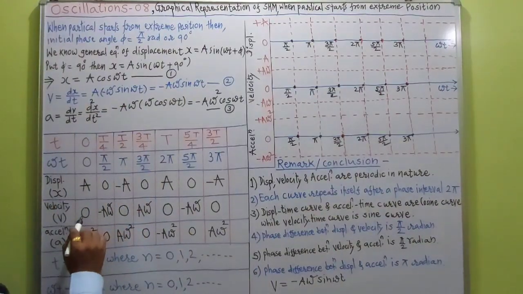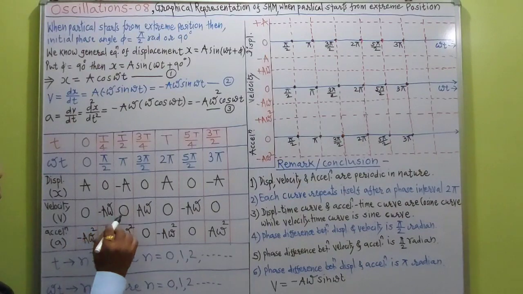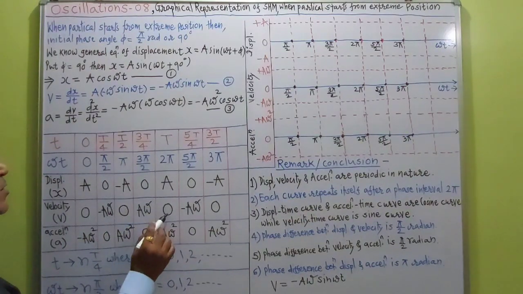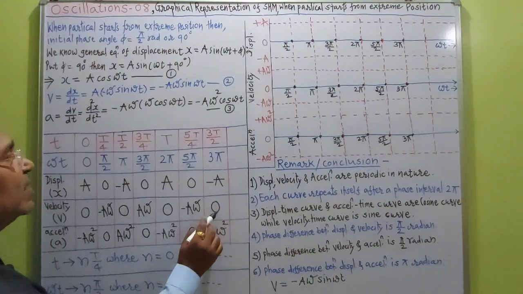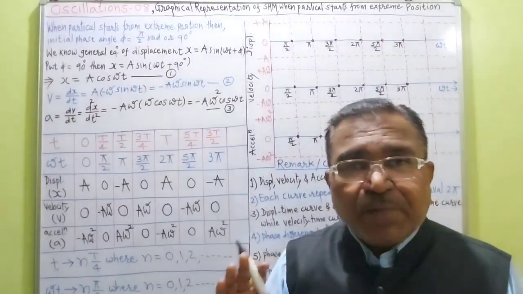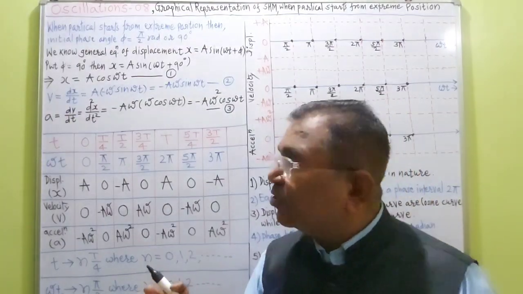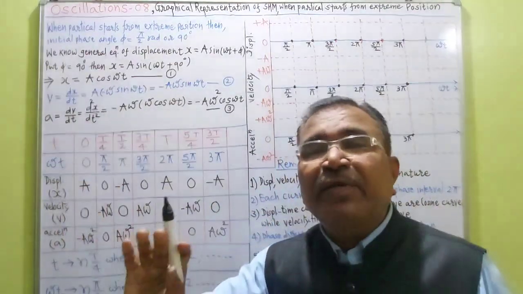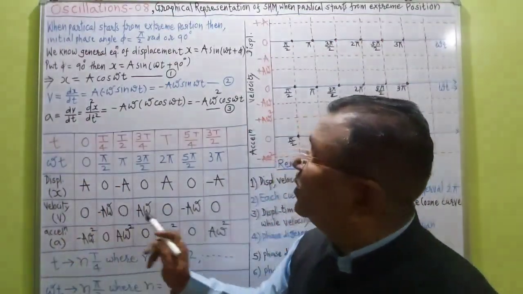So in this way, we get 0, minus A omega, 0. The next values must be A omega, 0, minus A omega, 0, like this. In this way, we can find the values of velocity for every omega t.